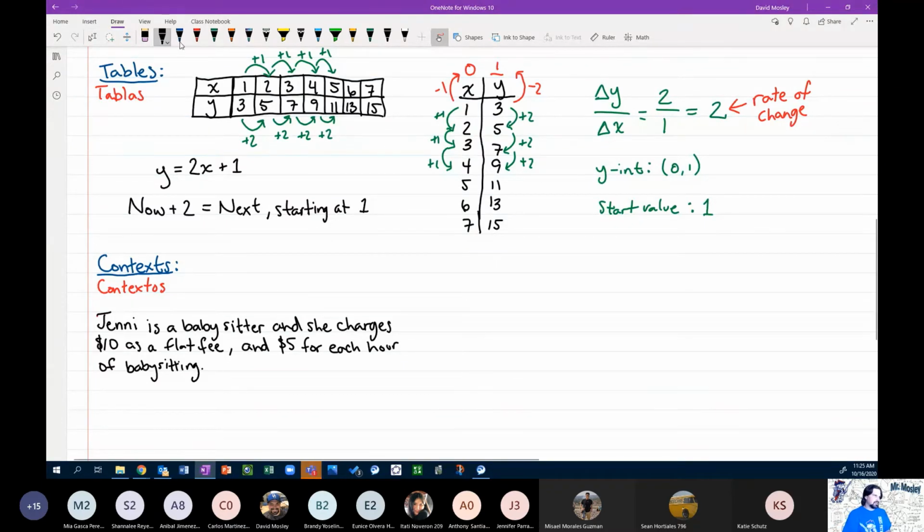And in this context, we have two numbers. The $10 is a flat fee, $5 for each hour.